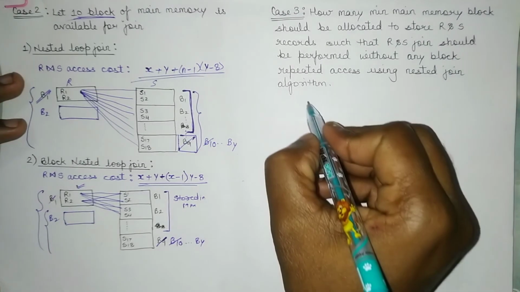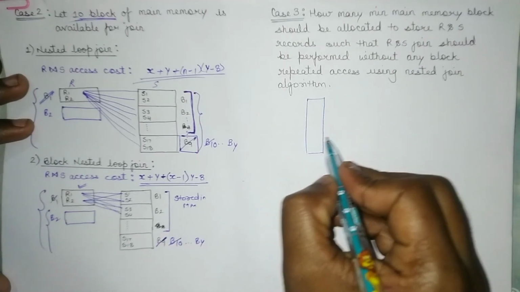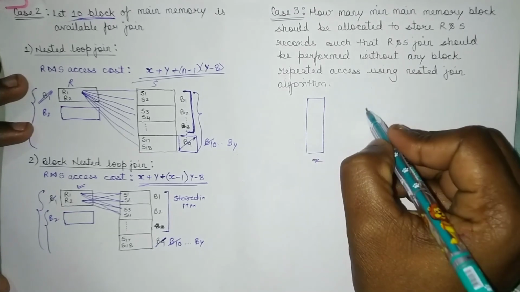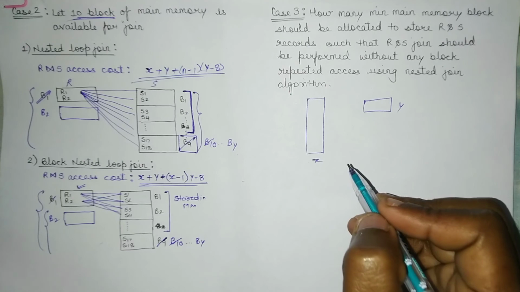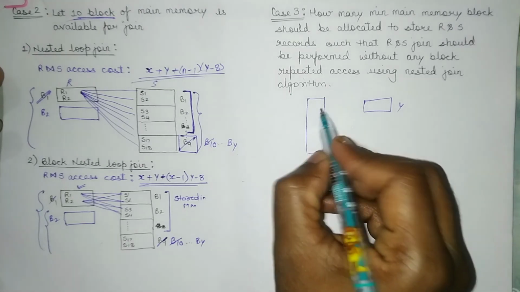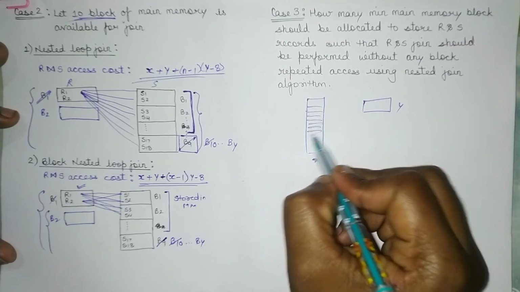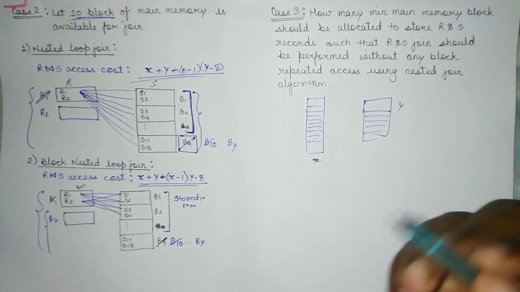So how can we do that? See, let's say this is a relation X, or this is a relation Y, right? So what we can do here is, let's say that here we have some values and here also we have some values.